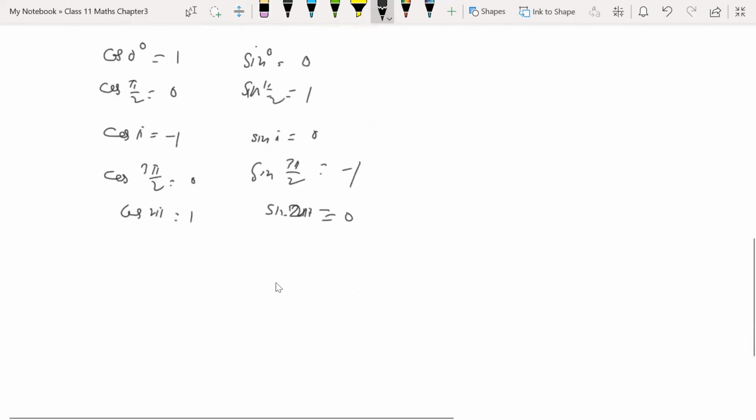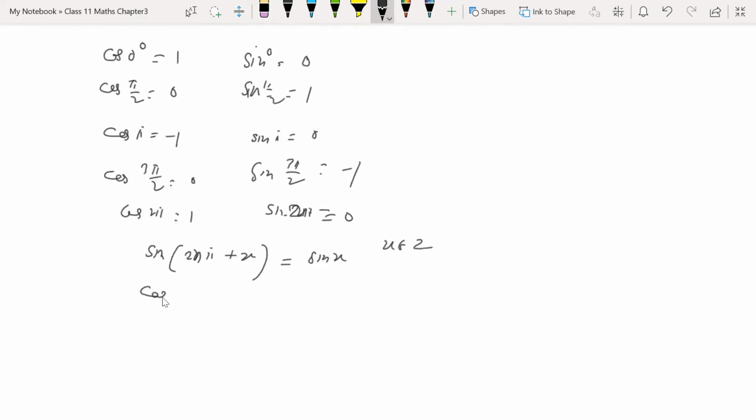So from this, we reach a conclusion that sine of 2n pi plus x is equal to sine x, where n belongs to any integer.